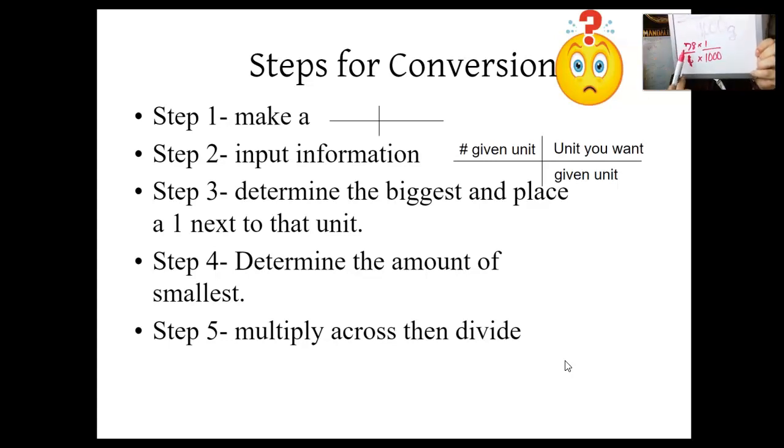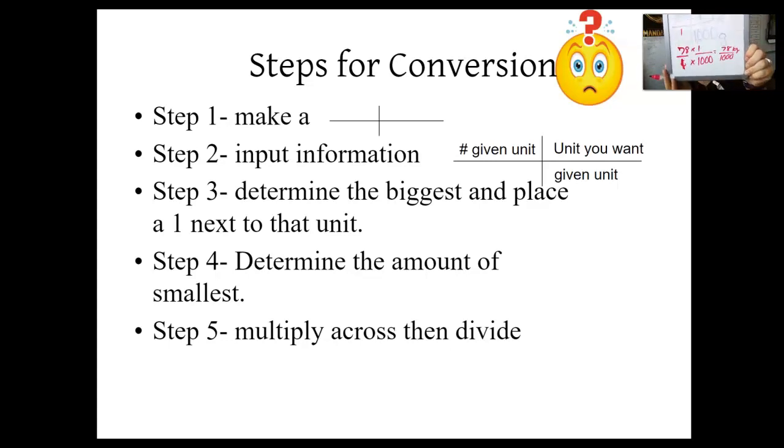So I'm going to have 1 times 78 because there's 1 kilogram here. And remember, anytime you have a whole number, there's that invisible 1 underneath it. So it's going to be 78 times 1 and 1 times 1,000. This is going to give me 78 over 1,000.